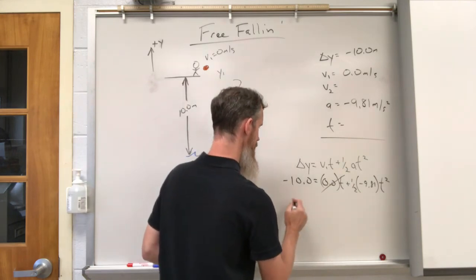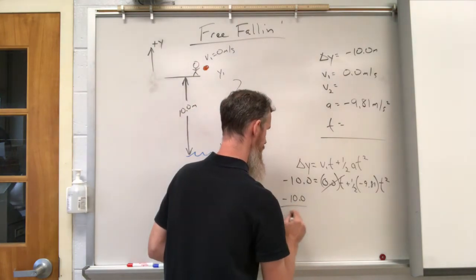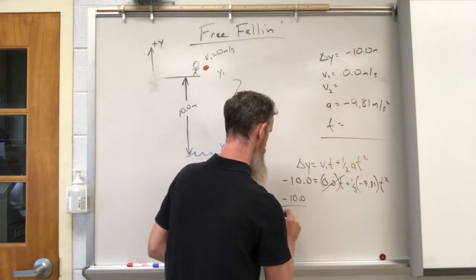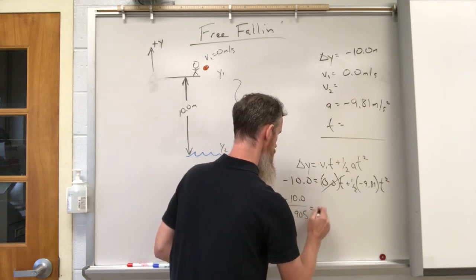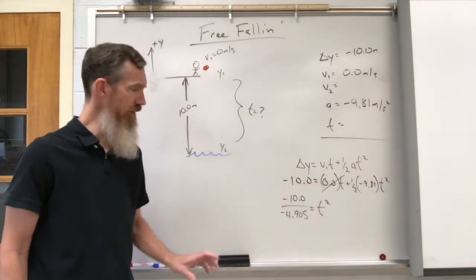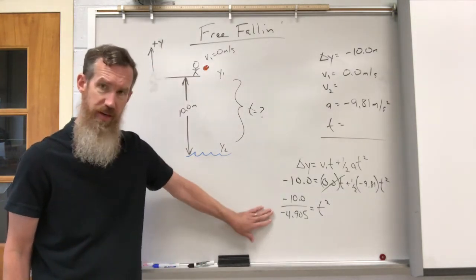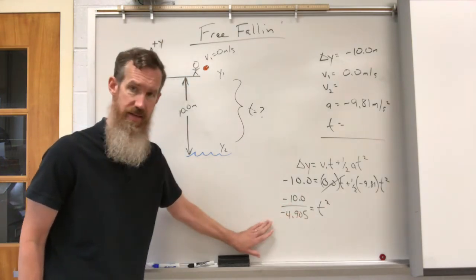And you're going to end up with negative 10.0 divided by negative 4.905 equals t squared. Now, what's important here is, I know I have negatives, but they're going to make a positive. Negative over negative makes positive, because then I have to take the square root to find the time.